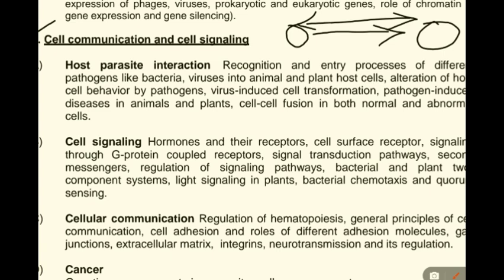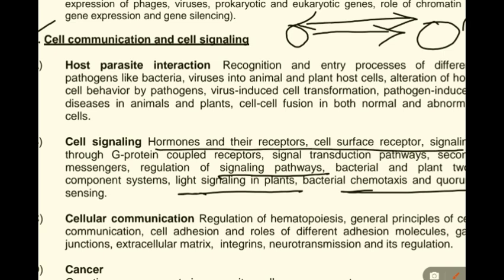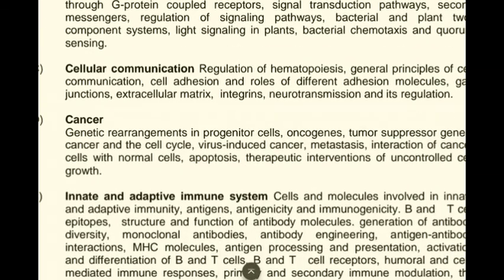What are the duties of protein kinases, various types of protein kinases, various types of phospholipases, how are they involved, how they regulate our body functions, various signaling pathways in plants, in microbes, and in humans, we'll be studying.